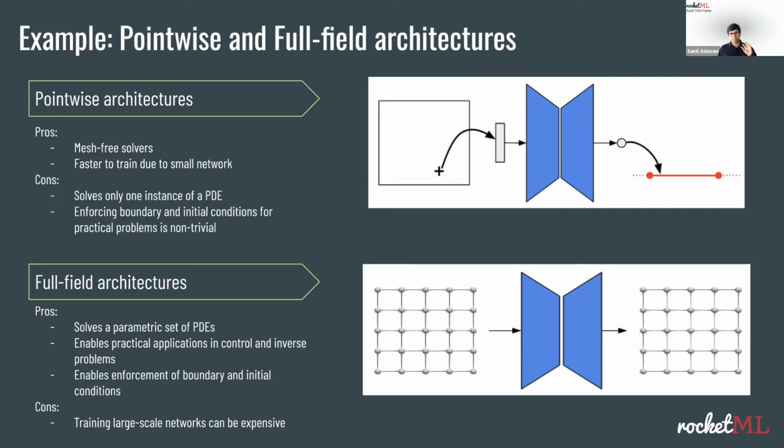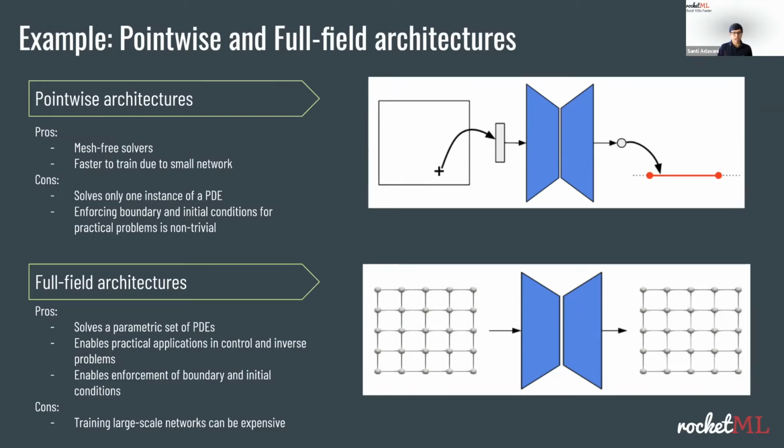So that is pointwise. Then if we look at full-field, full-field is a different kind of architecture, right? So for example, in this case, the input to the neural network is an entire field, like 2D, 3D, 4D in terms of time-dependent problems. And the output of this network is, again, full-field. So the advantages of this are you can solve a parametric set of PDEs.